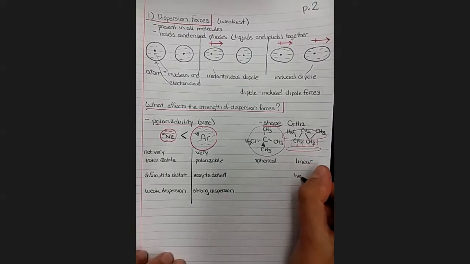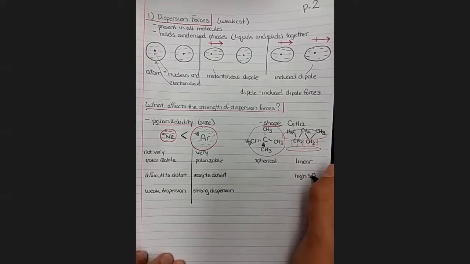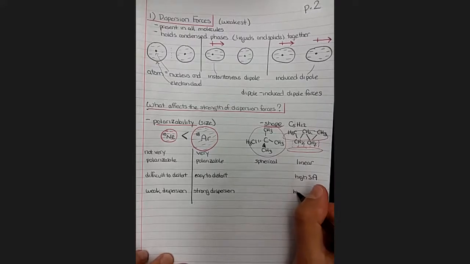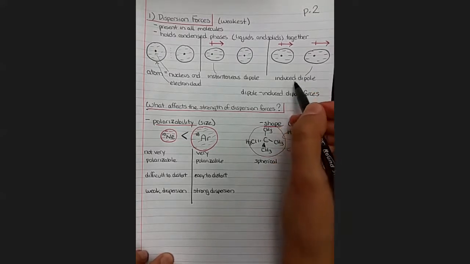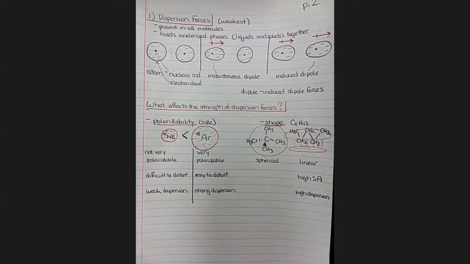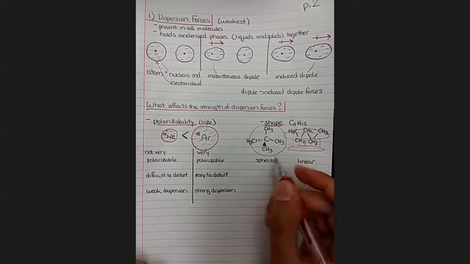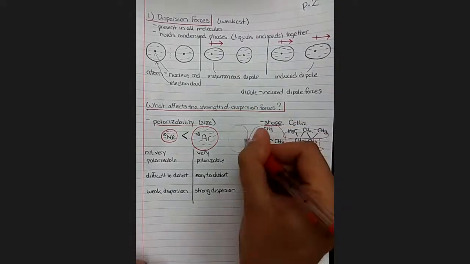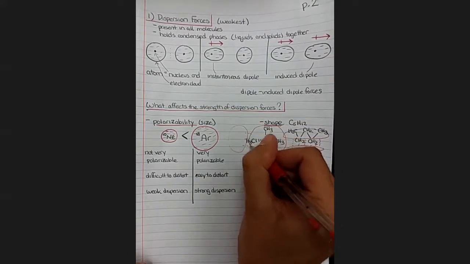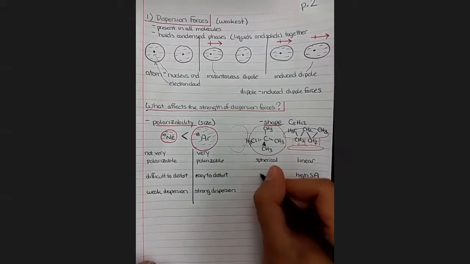So there's high surface area for a linear shape, and that means we're going to have high dispersion forces. Because the more surface area you have next to your neighbor, the more easy it is to induce that dipole in the neighbor. So the sphere, if we were to picture a sphere of equal size roughly next to it, there's not as much surface area here where they're in contact.